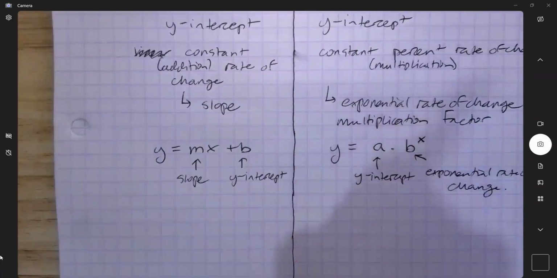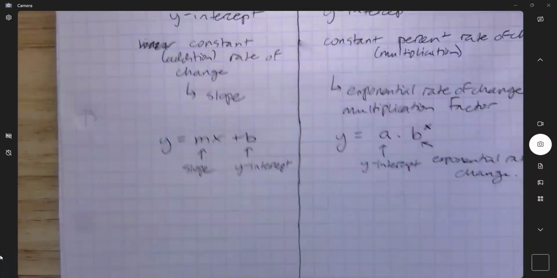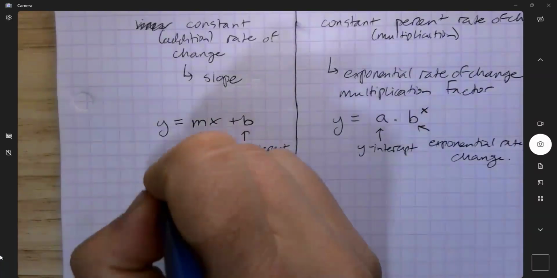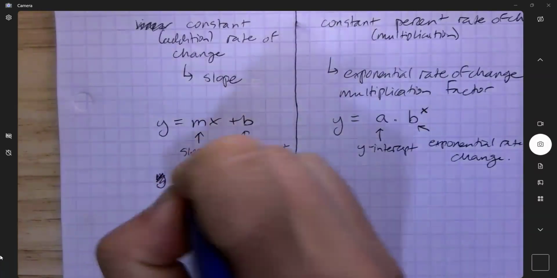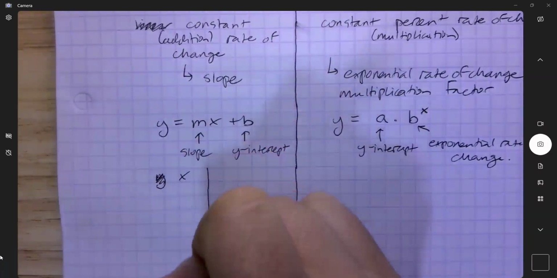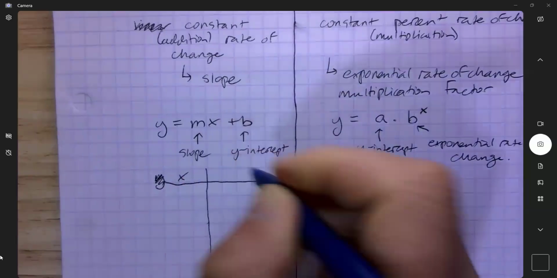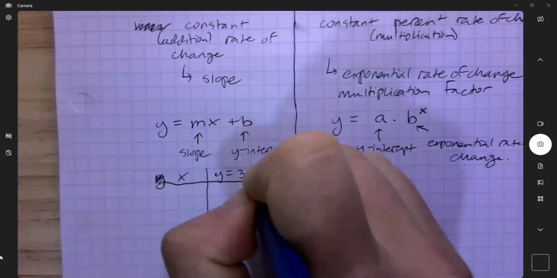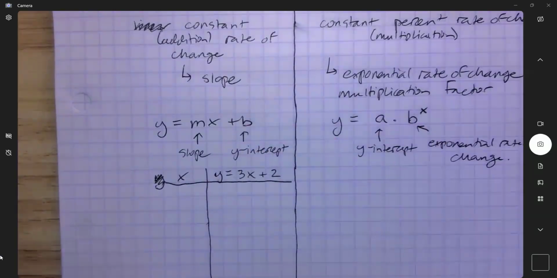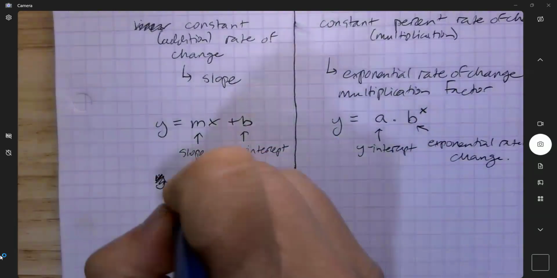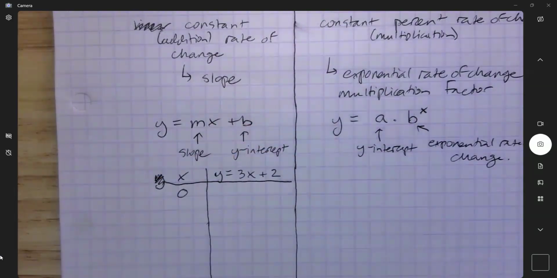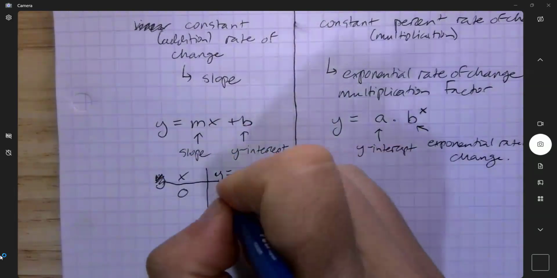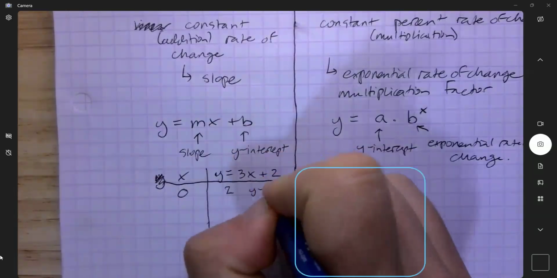All right, I've used a lot of word representations. Now let's use numerical representation. So here's x, and I'm going to give a sample linear function. Y equals 3x plus 2. X equals 0 is always a great place to start. When x equals 0, y equals 2. That's the y-intercept.